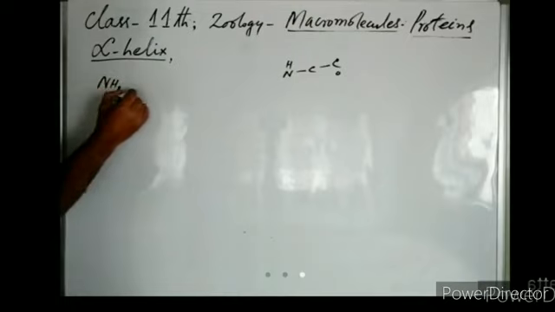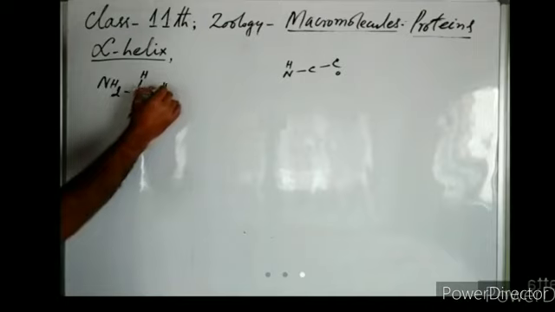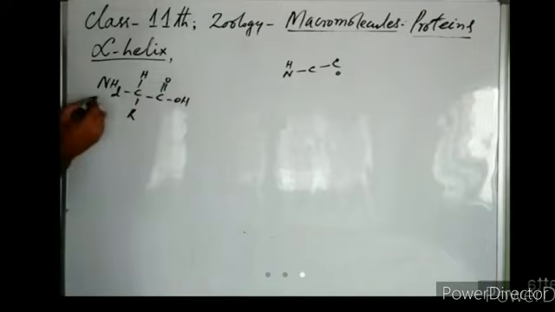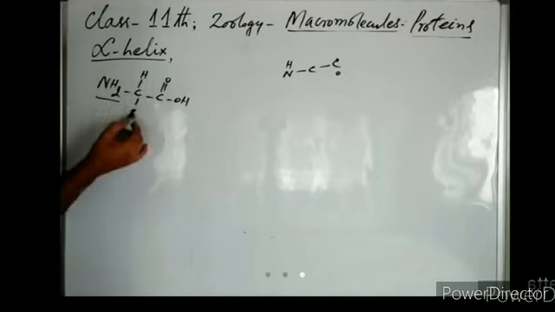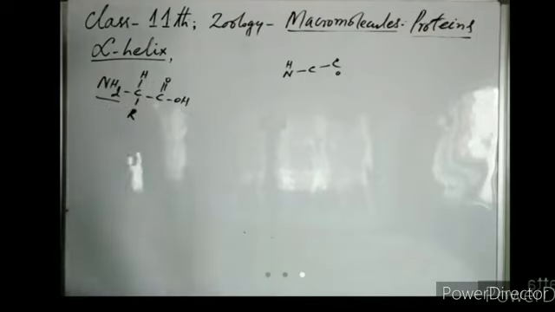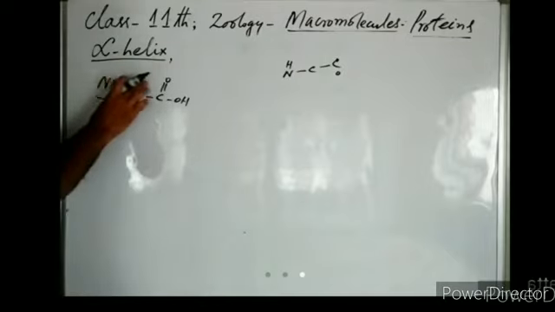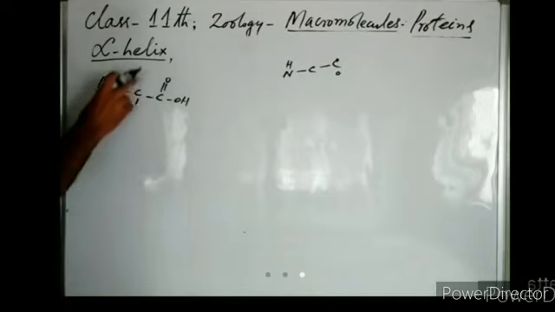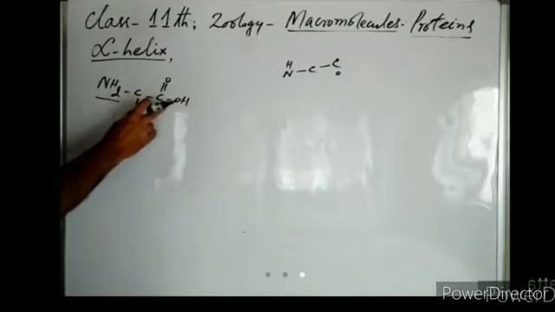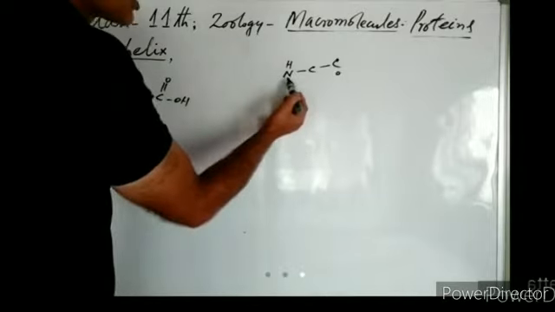NH2, C, H, R, C double bond OH. So amino group, alpha carbon, carboxyl group, hydrogen atom, and R, right? Here we do not consider these R groups and hydrogen atom. We will only consider carboxyl group and amino group. So this is the carboxyl group, this is amino group, right?